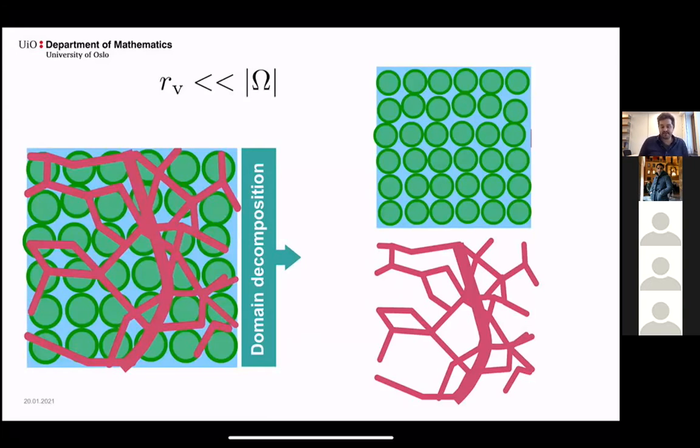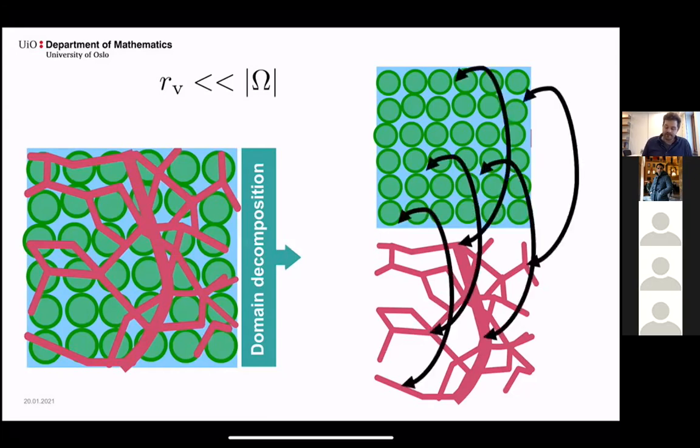So these vessels only have about 2% of the volume. So we don't actually make that big of an error. So we can separate these systems and then say they communicate via mass and energy transport.